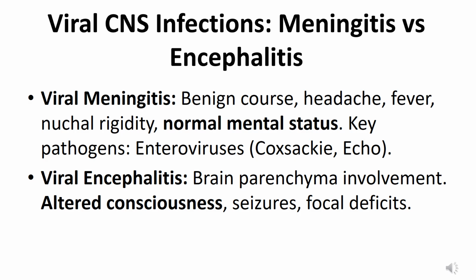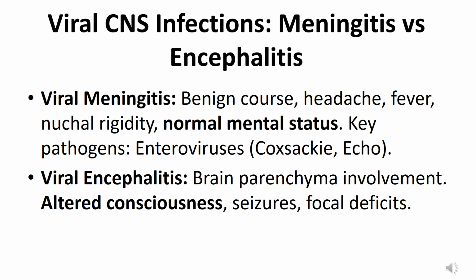In some cases, seizures may be the presenting symptom. Focal neurological deficits can develop as well, depending on the area of the brain involved. Patients may experience weakness affecting one side of the body, speech difficulties, abnormal movements, personality changes, or memory impairment.